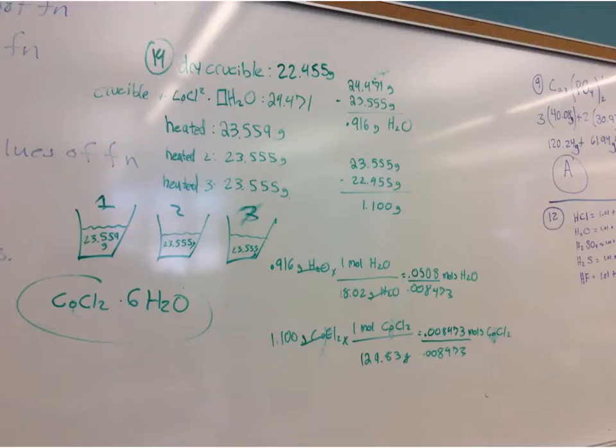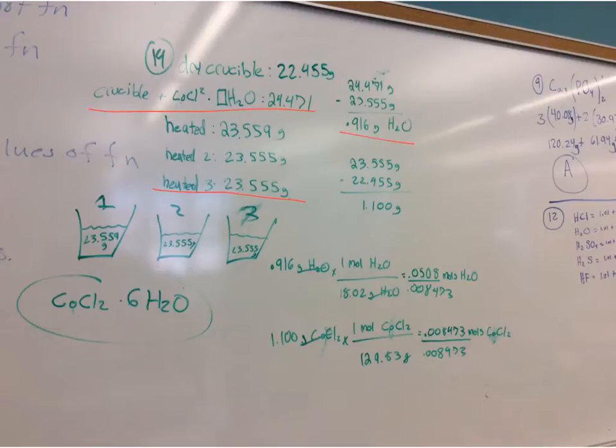So first you have the mass of the crucible with the cobalt-2 chloride, and you subtract that from the heated cobalt-2 chloride, which is the third one because they stay the same, and you get how many grams of H2O were in there.